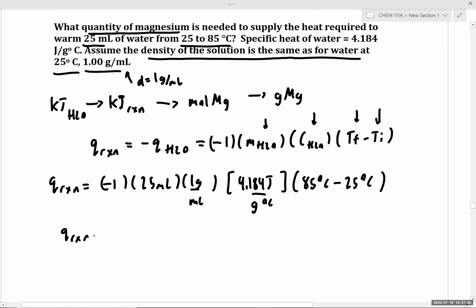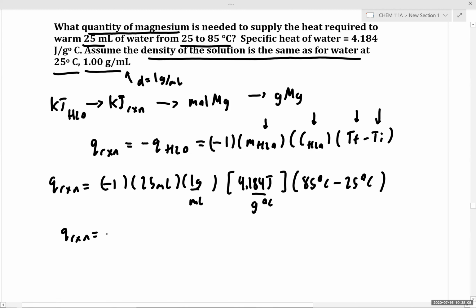That in turn gives us a heat of reaction of 25 times 1 times 4.184 times 60.